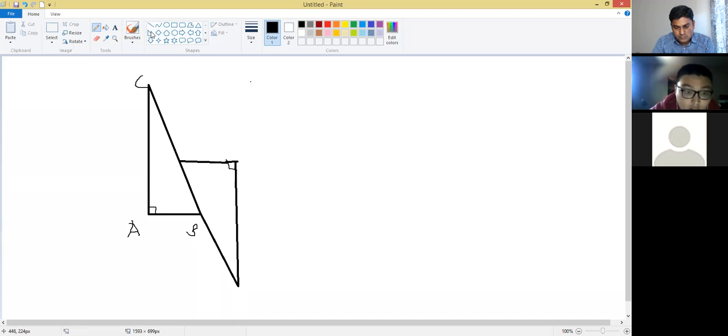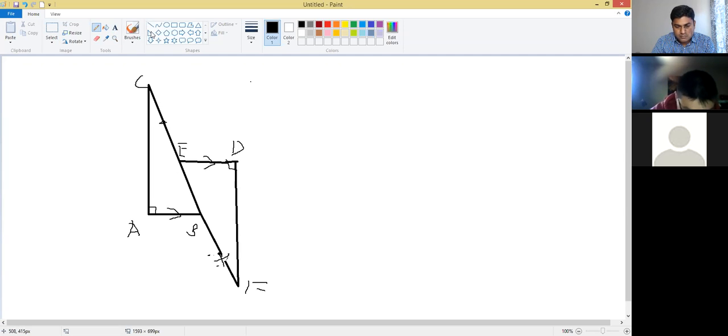That's triangle ABC. That's triangle EDF. The question tells you CA is perpendicular to AB, and ED is perpendicular to DF. And we know ED is parallel to AB, and CE is equal to BF. So these two lines are equal.